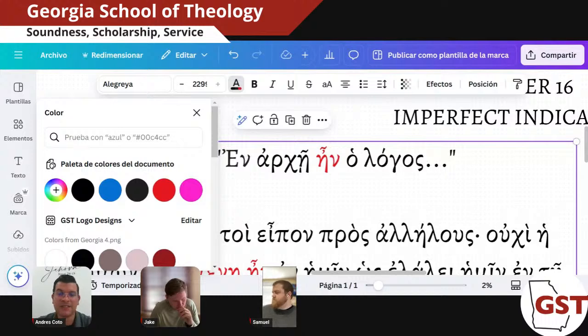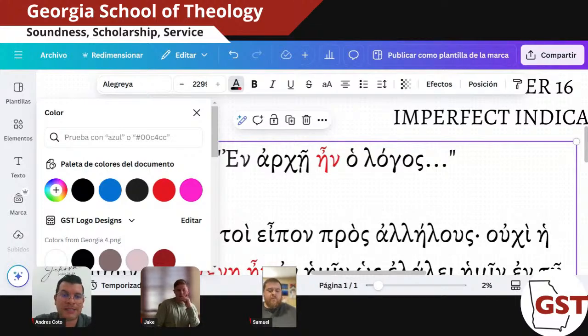So you don't even need to say "and the Word was God" at the end of the verse, because you can imply it from en arche een ho logos, "In the beginning was the Word." Only God could be continuously in the beginning without being created. Only God is the only one.